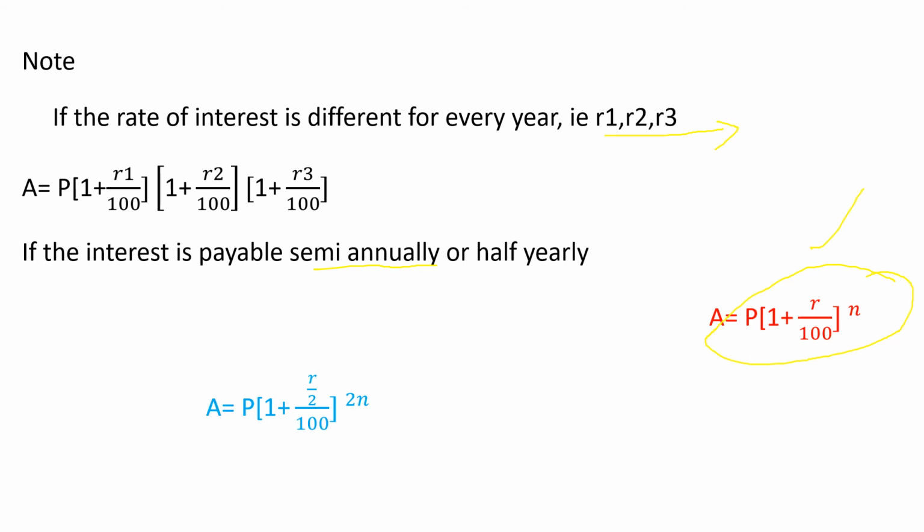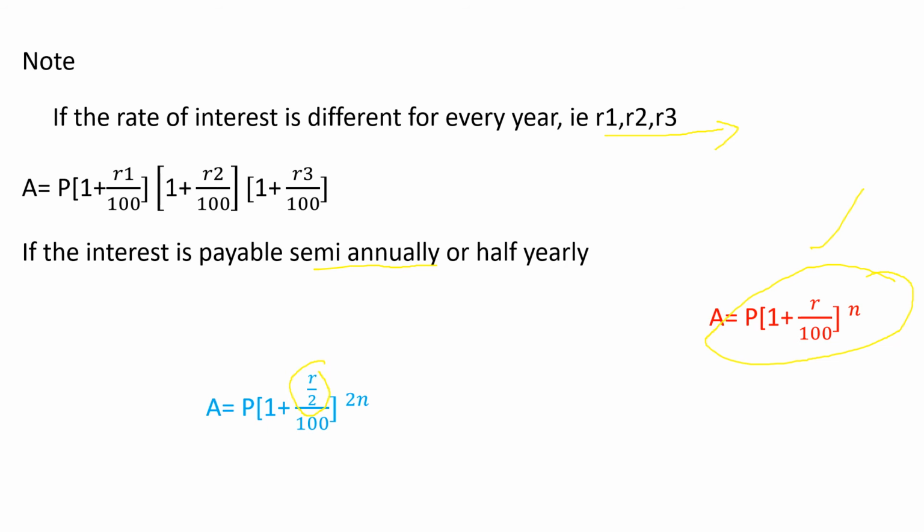If it is half yearly, how will you write the formula? Amount equal to principal into 1 plus R by 2. Half yearly, not 1 year, right? Half yearly or semi-annually means you write the rate as R by 2 by 100 and the whole power 2n.